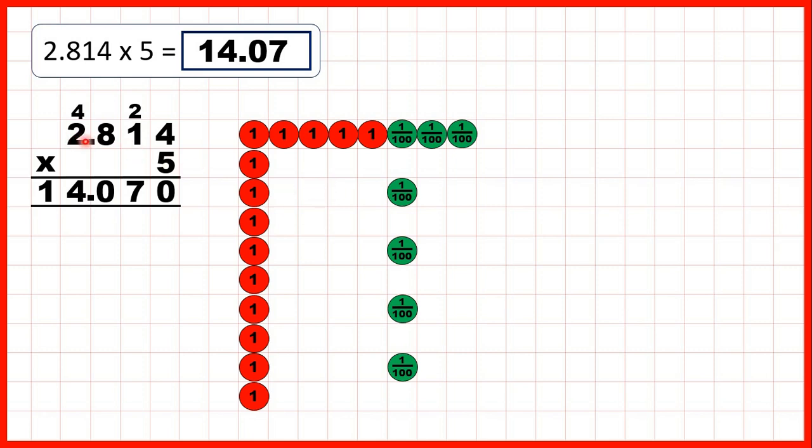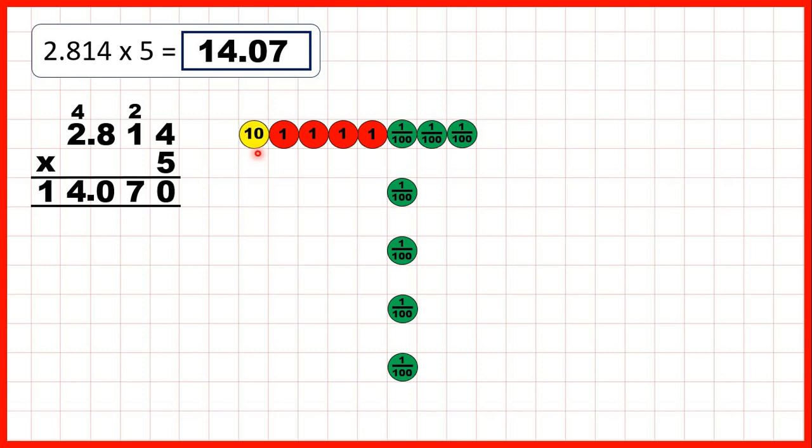Then we did 2 times 5 plus 4, and we have 14. There are 14 ones here, and 10 of those ones can be exchanged for 1 ten. So that gives us 14.07 because we have 1 ten, 4 ones, 0 tenths and 7 hundredths.